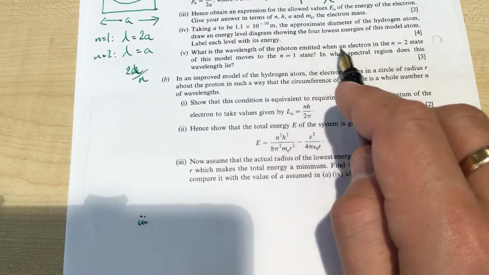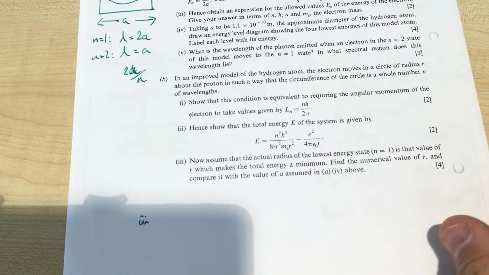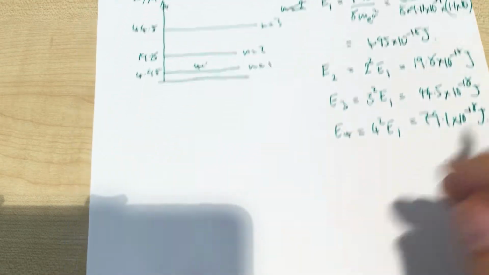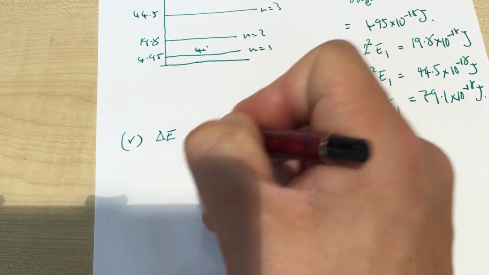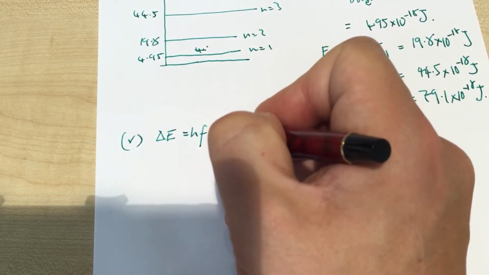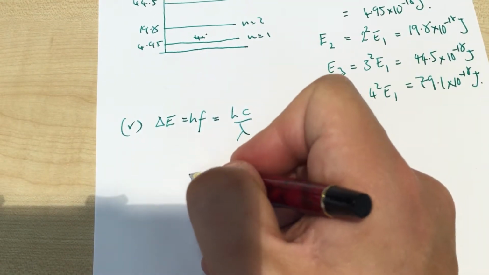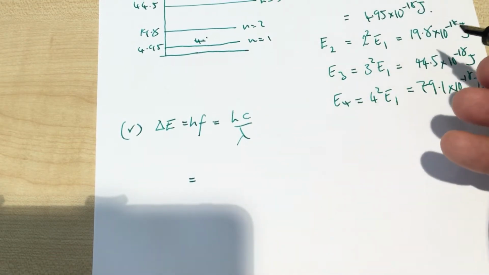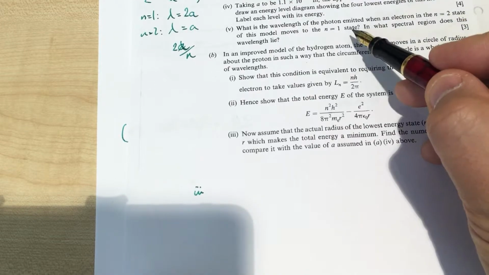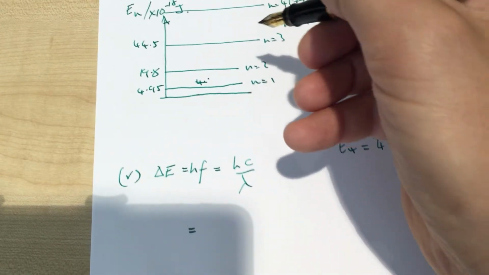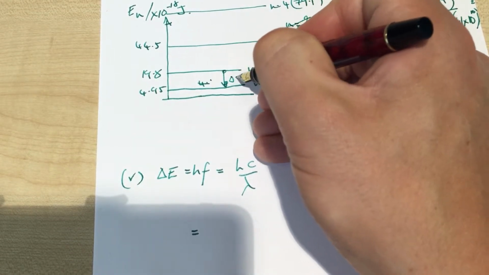Good. What's the wavelength of a photon emitted when it moves from one level to the next in that state? Okay, so part 5 is asking: the change in energy is going to give rise to a photon of energy, or even of wavelength. My change in energy in this instance is from the n equals 2 state to the n equals 1 state. What's going to be the change in energy?